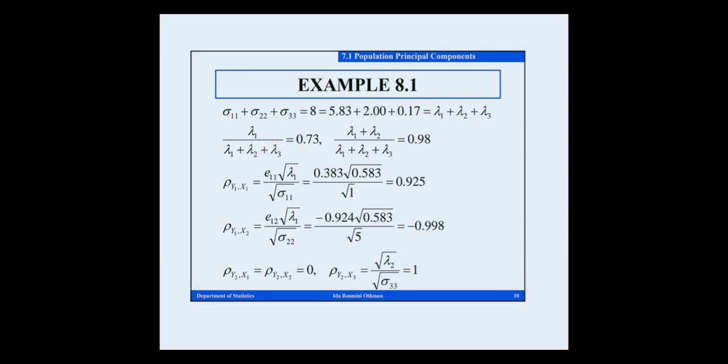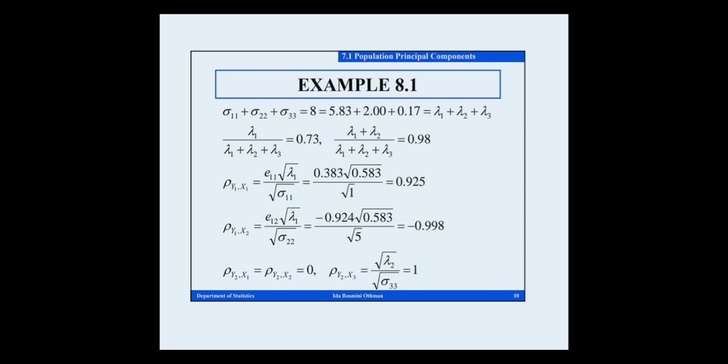So lambda 1 will be 5.83 divide dengan altogether is 8, so you akan dapat 0.73. Okay, 0.73 bila kita hanya gunakan one principal component.